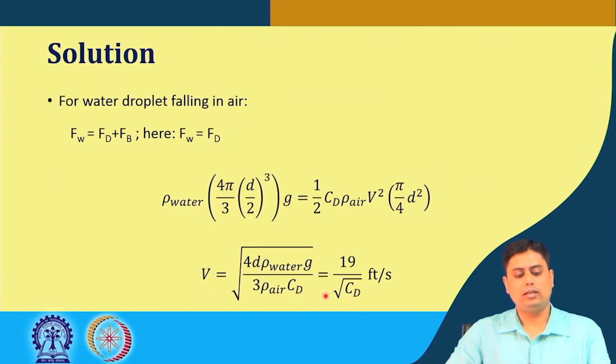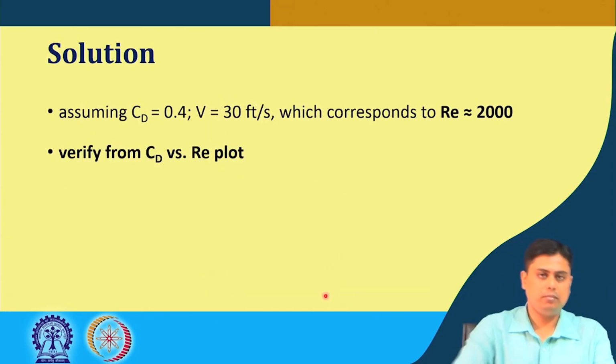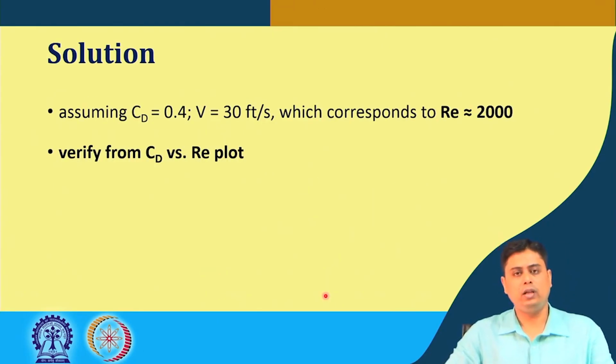We use a similar strategy: we assume a certain CD, we find out what V is, and then the Reynolds number for that particular velocity. Again we consult the CD versus RE plot to find out whether our assumptions were in line or not.